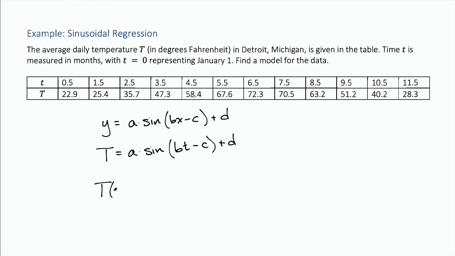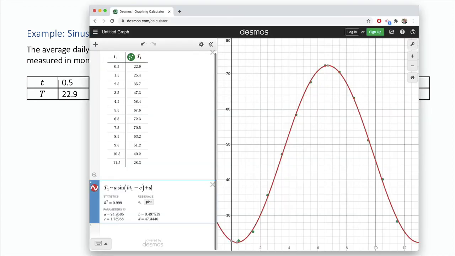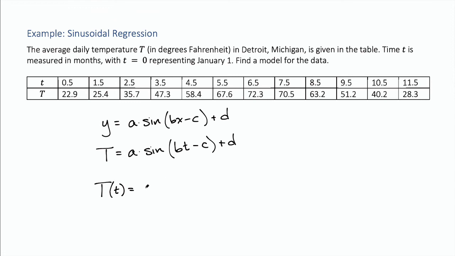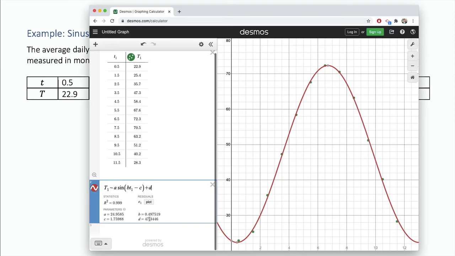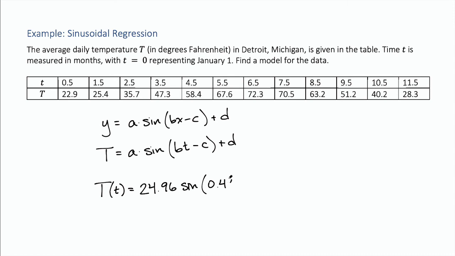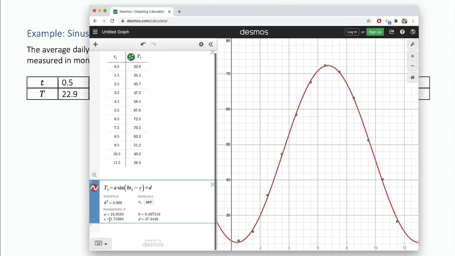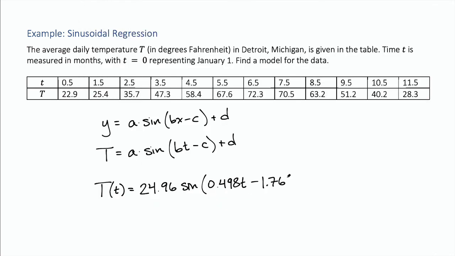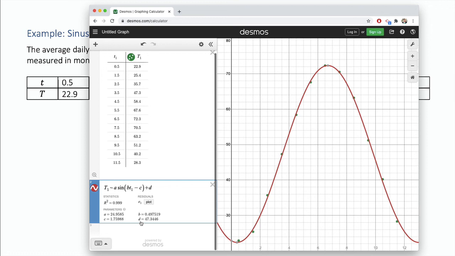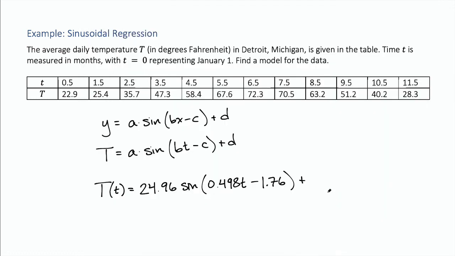T as a function of time is A is about 24.96, so 24.96 times sine of B is about 0.498, so 0.498 t minus C, which is about 1.76, and then plus D, which is about 47.34.